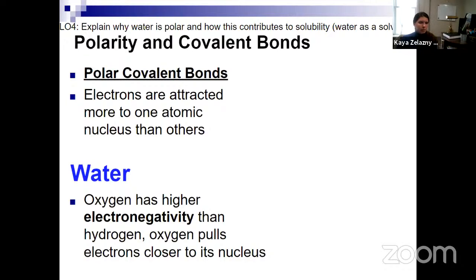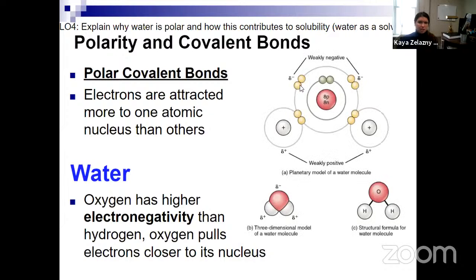You're going to spend more time with the oxygen, which means that the oxygen is going to have a weakly negative charge on it. All right. So if we were to draw it out, here we've drawn out our oxygen atom, we've drawn out each of the hydrogen atoms. So in certain situations, we're going to want to indicate that we have little bitty negative charges here on our oxygen because the electrons are spending more time there.